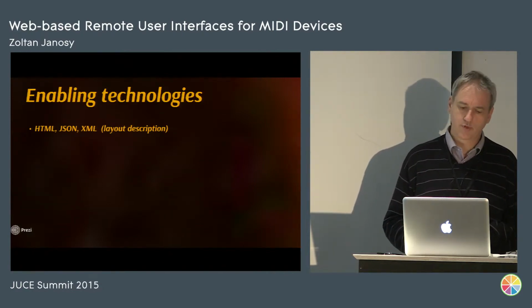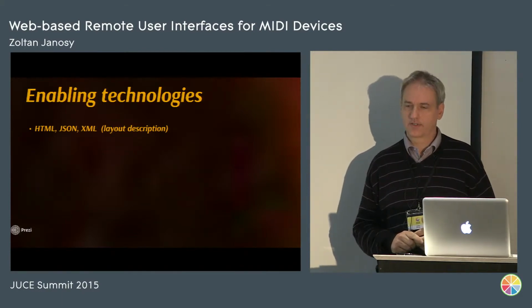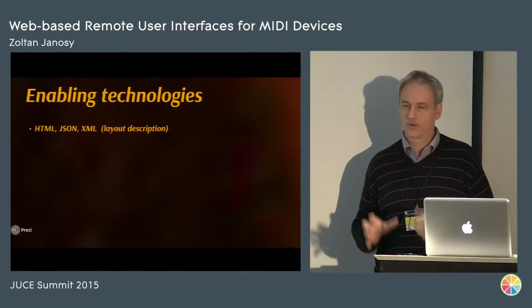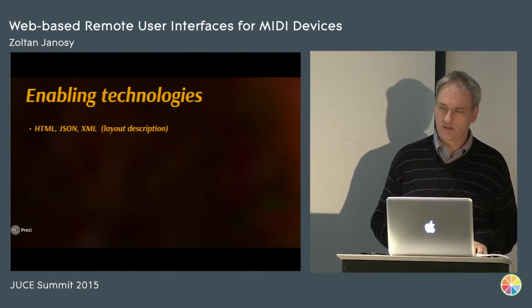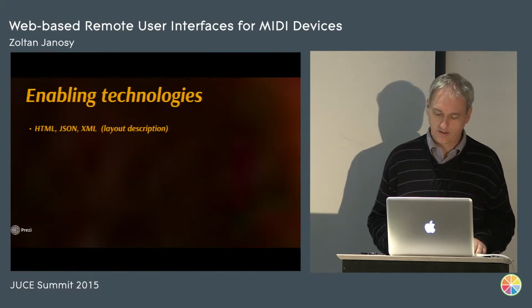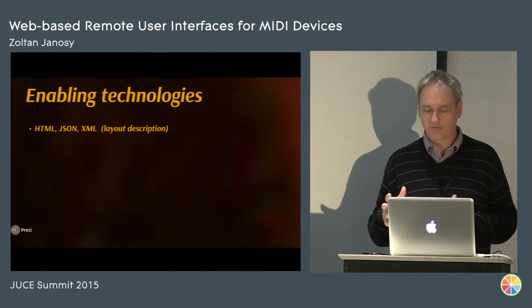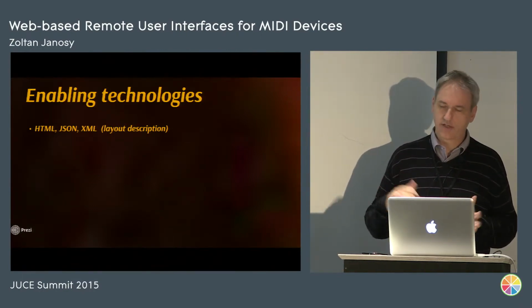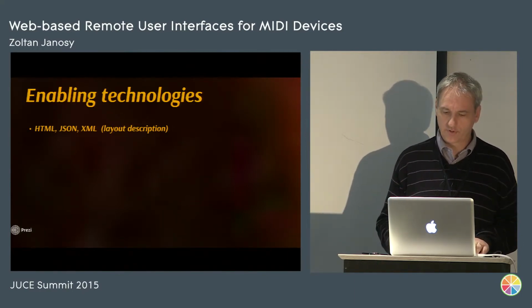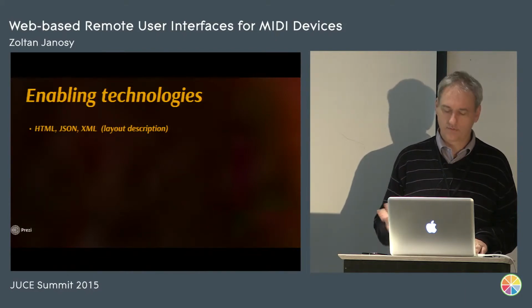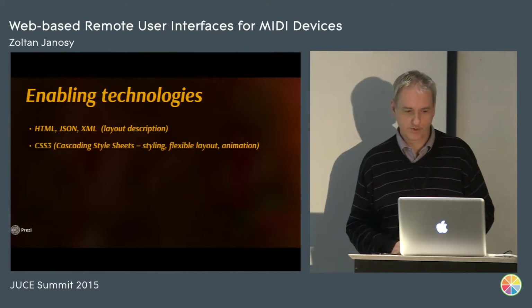JSON is JavaScript Object Notation, which is a very much simplified form for describing a tree-like object structure. Many systems use JSON for serializing or communicating data. XML is kind of a subset of HTML, or actually HTML is a specific version of XML, but XML is used very often, for example, in JUCE as well. So these could be used for the layout description.